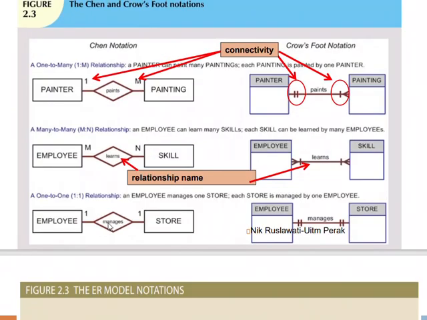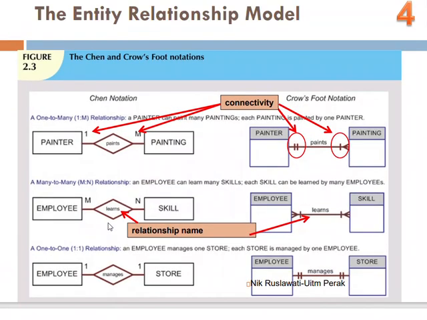Okay, let's see this one. Okay, the chain and cross-foot notation. Okay, di sebelah kiri ni adalah chain notation. Dan di sebelah kanan, on your right, is cross-foot notation. Okay, contoh, one painter can paint one or many paintings.